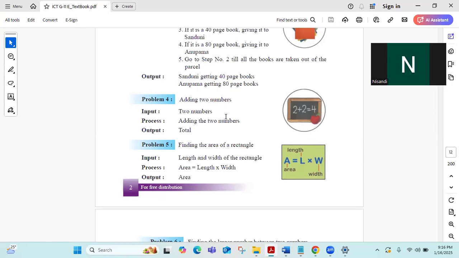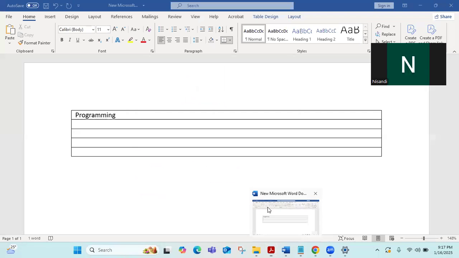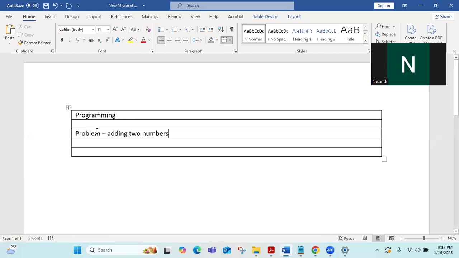Now if you take a problem, in grade 8 we discussed these things. For example, I have a problem of adding two numbers. Okay.